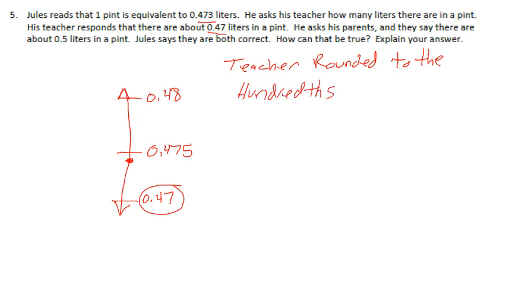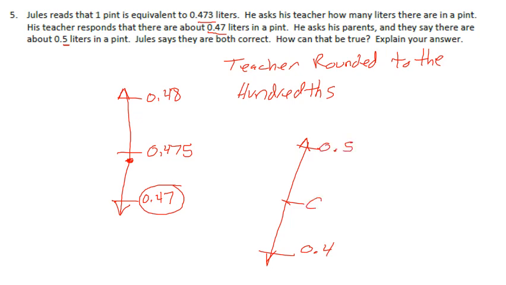Now let's look. His parents said there's about 0.5 liters. Well, let's see what the parents did. There's our number line. Now once again, you see the parents, they're in tenths. So we can see this is 0.4. Next highest would have been 0.5.